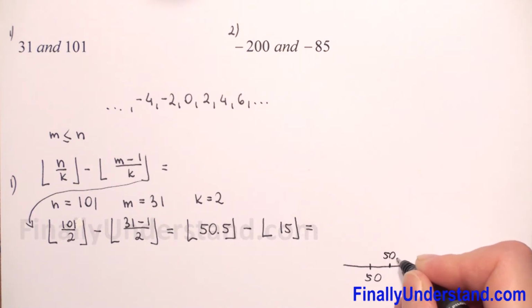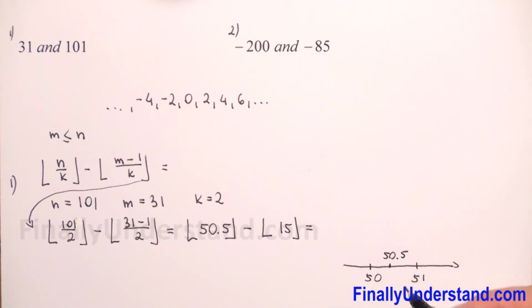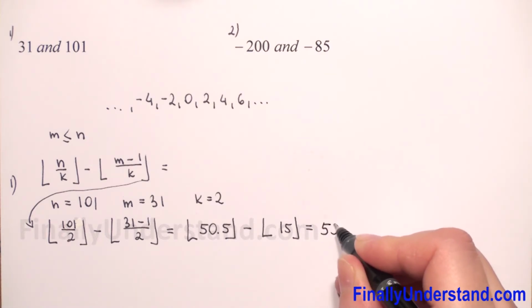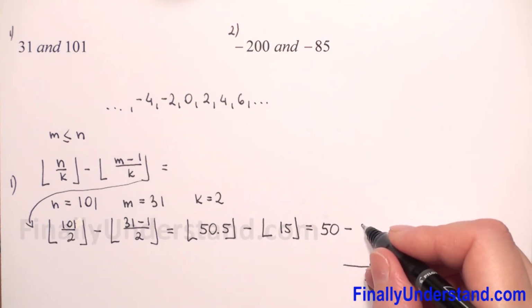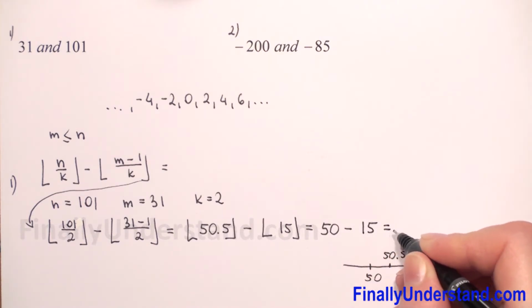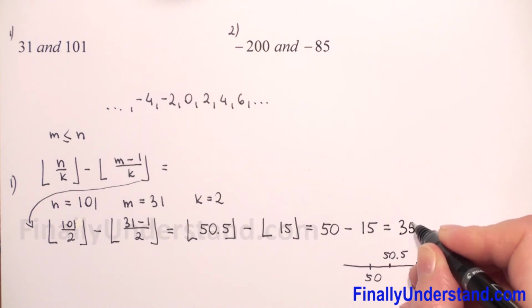It is not an integer, so the largest integer less than it is on the left side of this number, and this is 50. So we have 50 minus, and in the second expression we have the floor of an integer. 15 is an integer, so it's the same number, minus 15. So this is equal to 35.